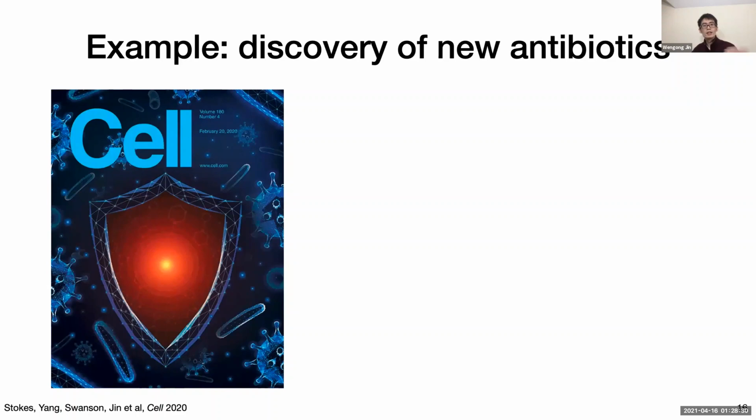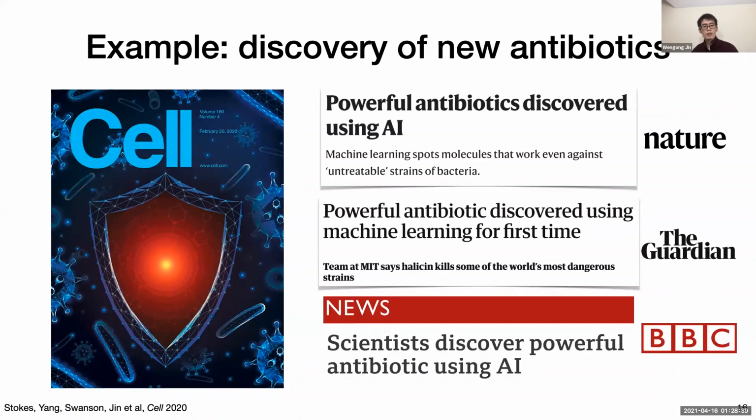Just as an example of what these can do, our lab, through collaboration with the Broad Institute, discovered a powerful antibiotic called halicin, which can kill a lot of bacteria that are resistant to existing antibiotics.